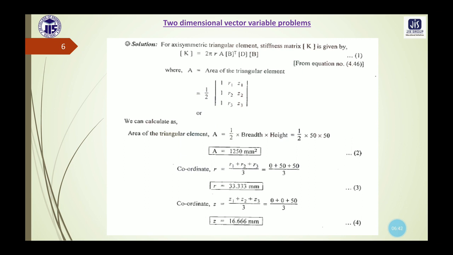But there is another procedure: half into breadth into height of this triangle, which are 50 and 50 millimeter. We can directly use this formula, which is less time consuming, and the area of this triangular element is 1250 millimeter square.